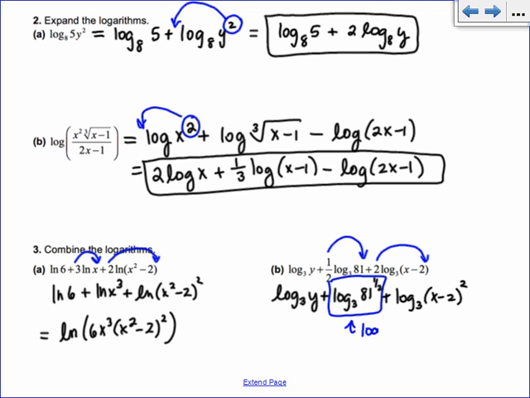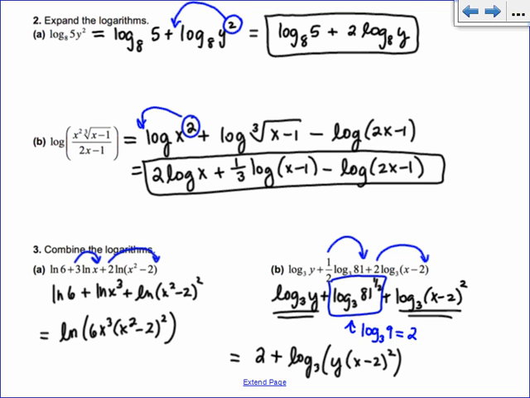It's really log base 3 of 9, right? Which is 2. So we're going to write 2 out front plus, and we're going to combine this logarithm and this logarithm. So we're going to have plus log base 3 of y times x minus 2 squared. And that would be combining all of it.